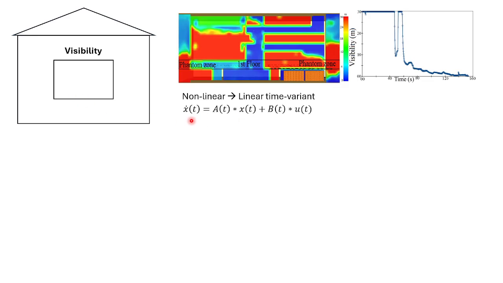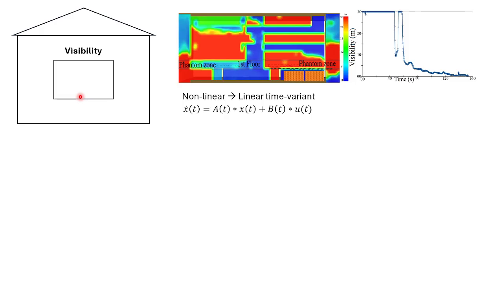So this is the equation for the linear time variant system. x dot, as I said, is the change of the visibility, the change of the state. This change of the state will always exist if the system is dynamic. Our system was dynamic from t0 to tf.